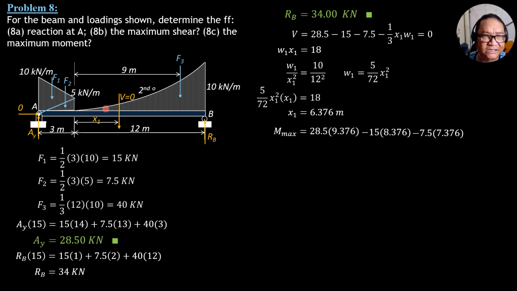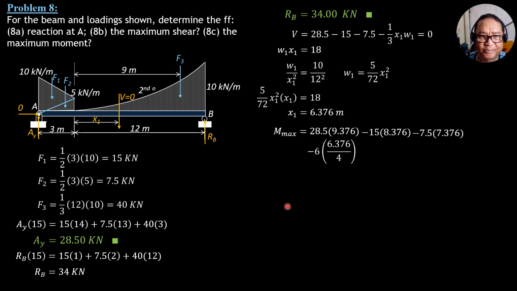But since this value here is equal to 28.5 minus 15 minus 7.5, so the area here should be equal to 28.5 minus 22.5, 6, to make the shear 0. So I'll just subtract 6 times moment arm, and the moment arm is 1/4 of x1. So minus 6 times 6.376 over 4.